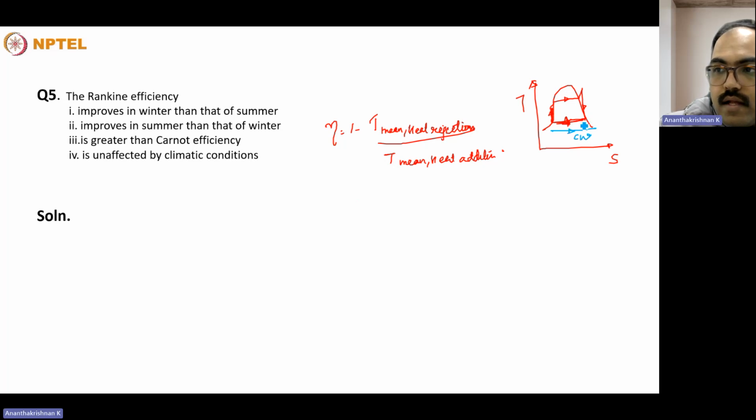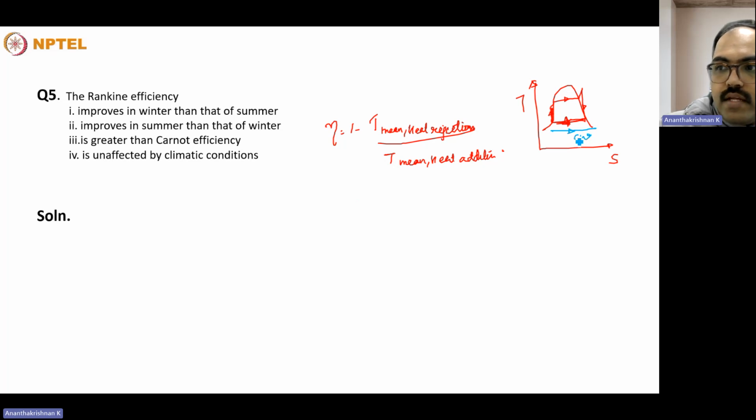The saturated liquid in the Rankine cycle condenser will be at a higher temperature to exchange heat with that of the cooling water. So the temperature at which it operates depends upon the cooling water temperature.